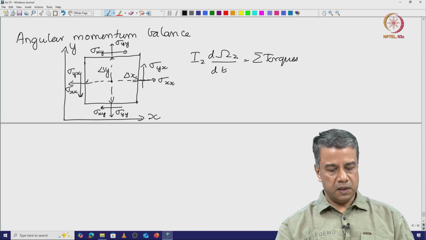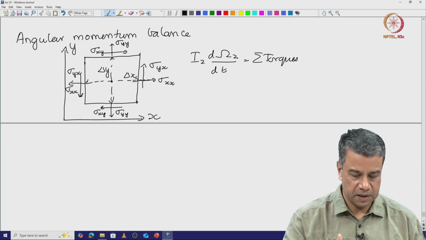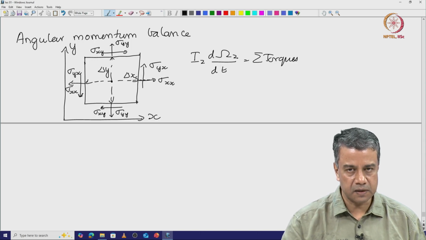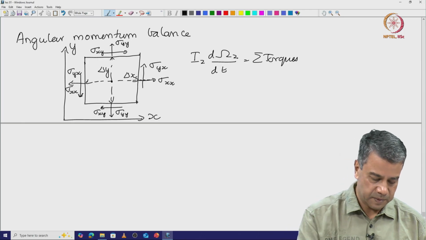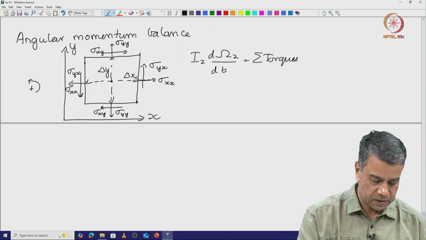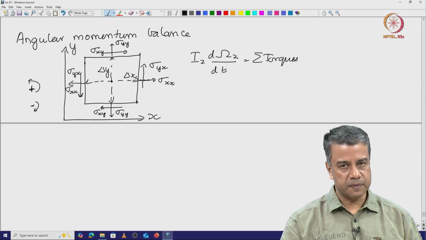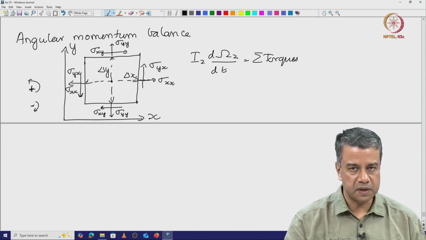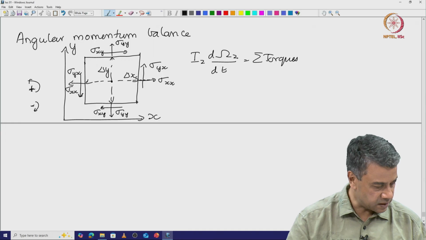And using the right hand rule, the torque is outward, in the plus z direction, if it is anti-clockwise, and inward if it is clockwise. So, an anti-clockwise torque is positive, and if it is clockwise it is a negative torque, because by the right hand rule the positive torque is out of the board in the plus z direction, negative torque is in the minus z direction.